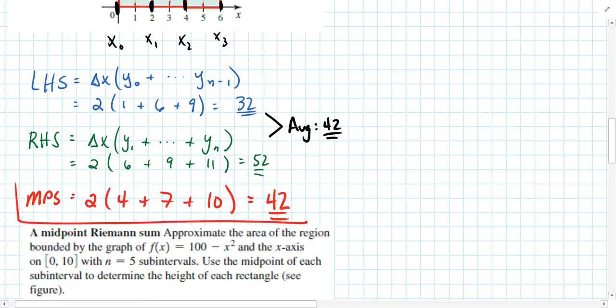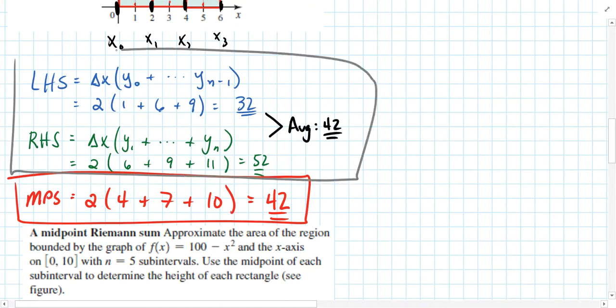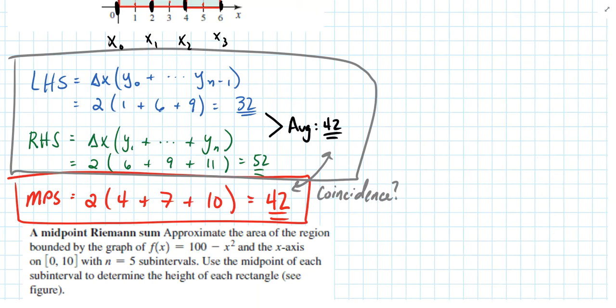We were able to obtain the result 42 with one single calculation, whereas over here we needed 2 calculations and then the average to obtain the exact same result. Now, this will take a little bit more investigation, but I think this is a coincidence that they're the same. I don't think it's always going to be that way.